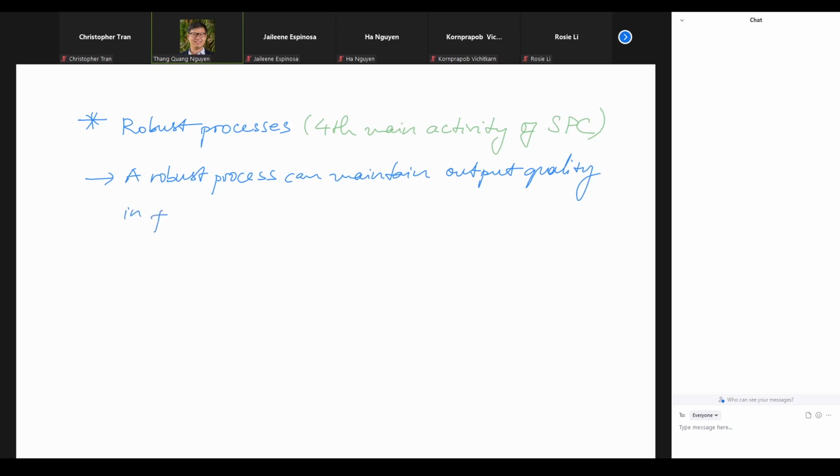So in face of changes in the input and environmental variables. So that's what it means by being robust. So we can kind of isolate or mitigate the impact from the input and the environmental variables.